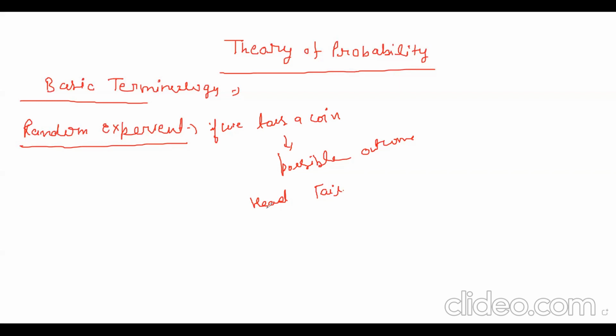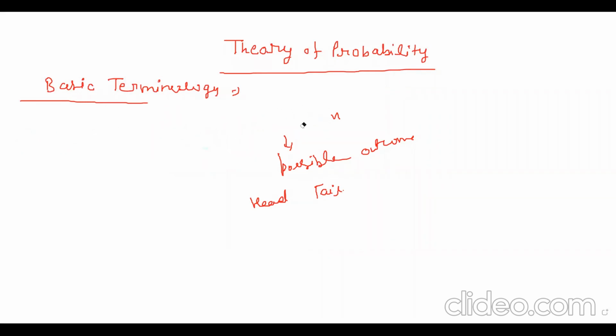So we go for the next one. The next terminology is outcome. Outcome is the result of a random experiment.